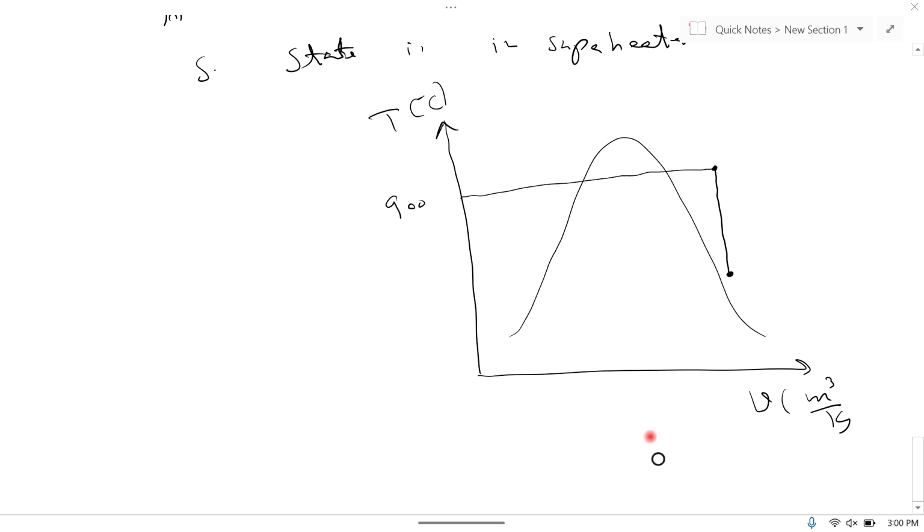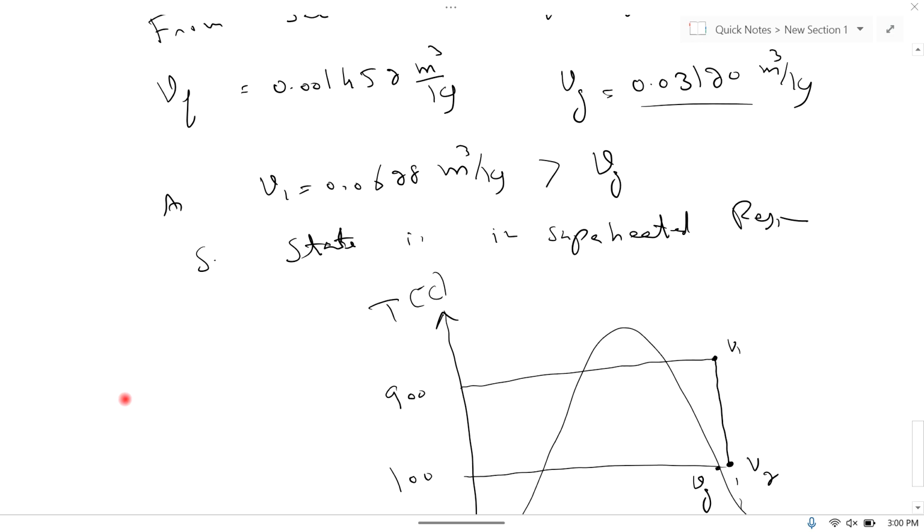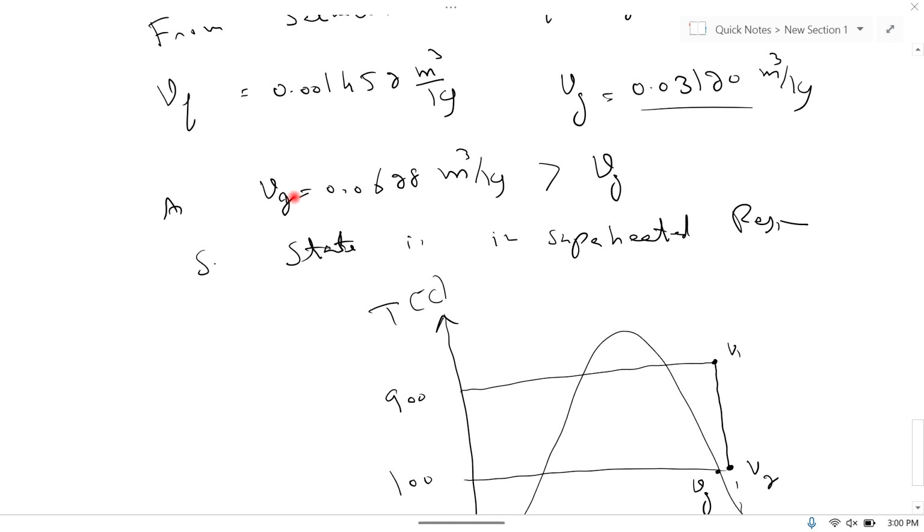So this is final point and this is constant temperature line 100 Kelvin. So this point is Vg, but V1 is equal to V2, constant volume line. So as V2 is greater than Vg, it means that second point is also in superheated region. This is V2. V1 is equal to V2, constant volume process.